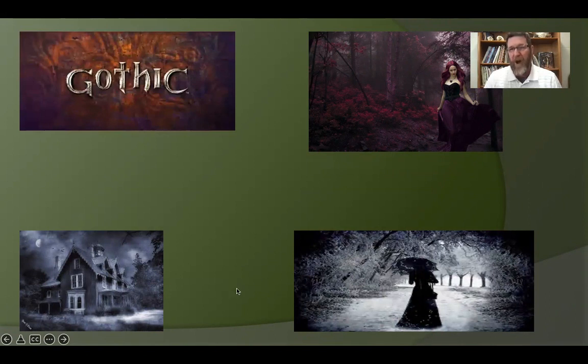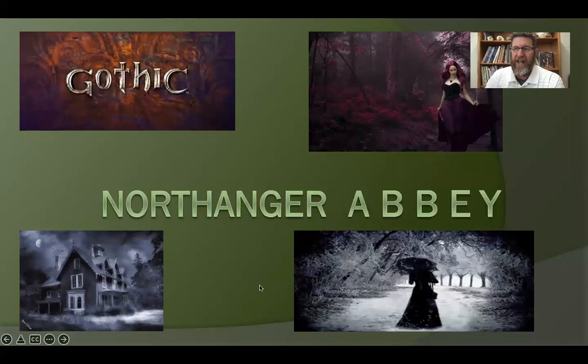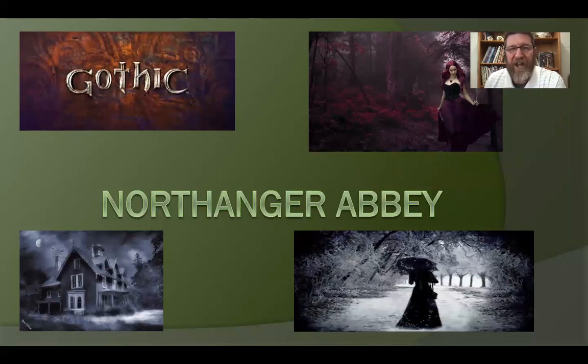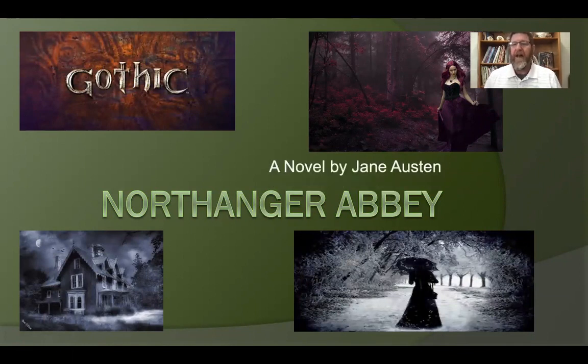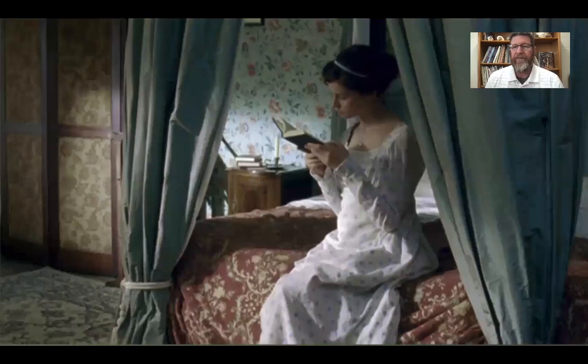Gothic. Oh yeah. All of that and more in Northanger Abbey. Yeah, you didn't know Jane Austen wrote this kind of stuff, did you? All right, well, she did. And we're going to have a lot of fun talking about this unusual Jane Austen novel. I will say this, of her 6 big novels, this one's kind of different than the others. It is kind of different than the others.